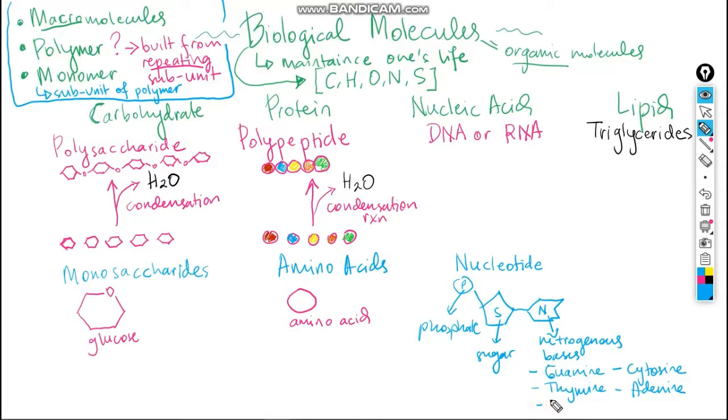But in RNA we have one more, which is uracil. This is only for RNA, and it replaces thymine. These nucleotides combine with each other, again through a dehydration or condensation reaction, to become DNA or RNA, like this, to become this kind of structure.